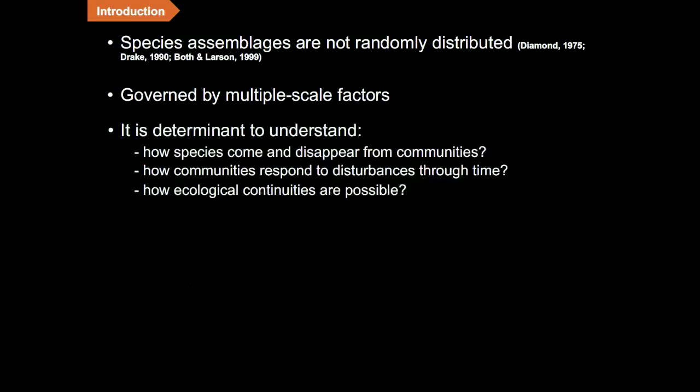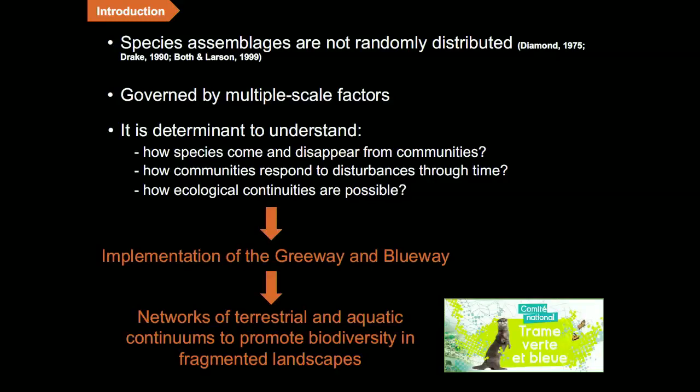And we wanted to respond to three very important questions for management: how species come and disappear from communities, how communities respond to disturbances through time, and how ecological continuities are possible. And in France, we work on a very useful tool that is Greenway and Blueway, based on networks of terrestrial and aquatic continuums to promote biodiversity in very fragmented landscapes.